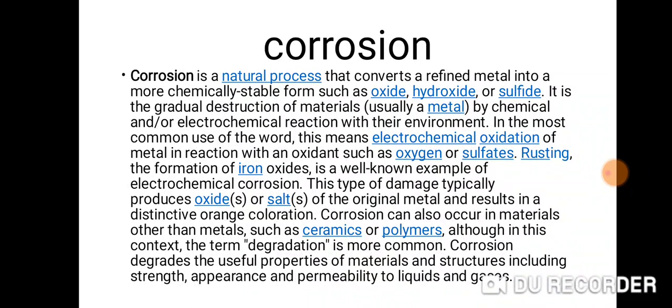Corrosion can also occur in materials other than metal such as ceramics or polymers, although in this context the term degradation is more common. Corrosion degrades the useful properties of materials and structures, including strength, appearance, and permeability to liquids and gases.